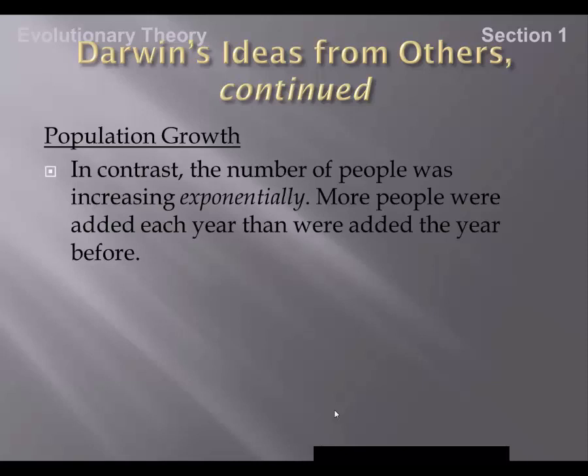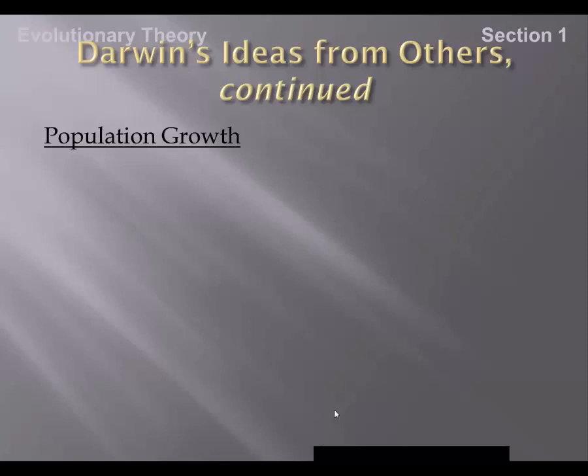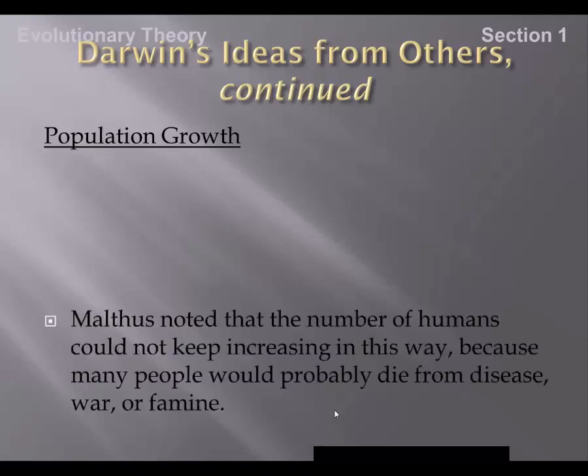So he noticed that there was exponential growth with regard to the human population. There were more and more people every single year, but the relationship was not the same with regard to the amount of food that was being produced. So he noted that the number of humans could not keep increasing in that way, because many people would probably die off from disease, war, or even famine.